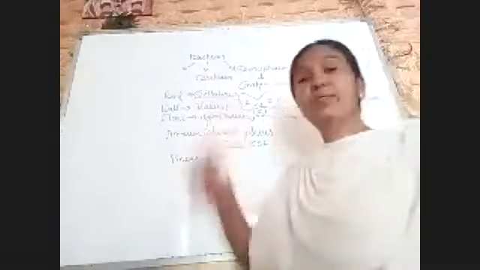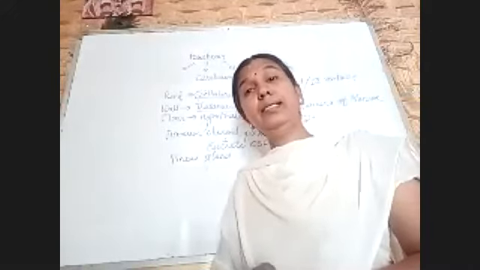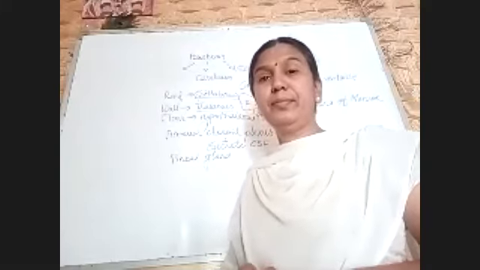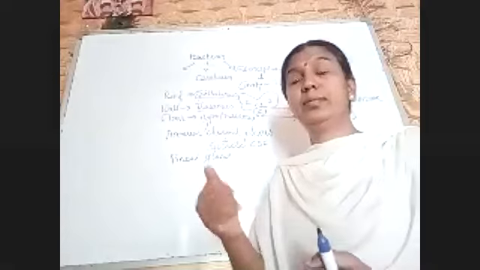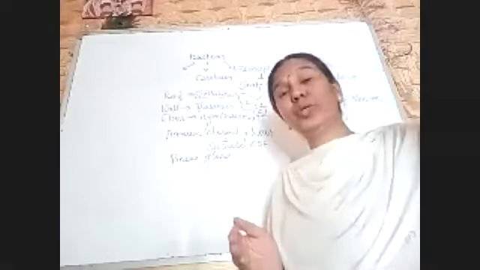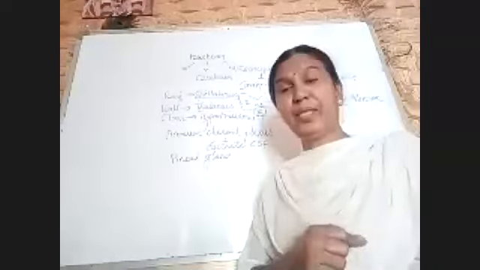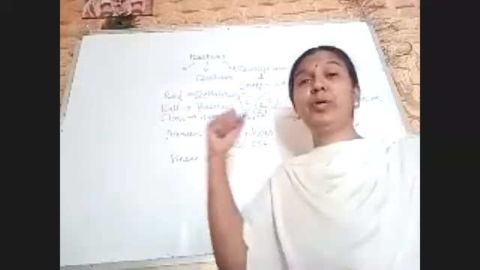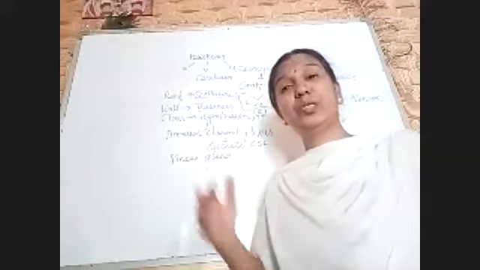Okay. Next is thalamus. The thalamus is called a relay center. As you know, Nagpur is a relay center, where the train comes from the south and goes either east or west or north. तो इस तरह से ये thalamus also is a relay center. It will receive messages from the lower part and send them towards the cerebrum, or take messages from the cerebrum and send them towards the lower part.